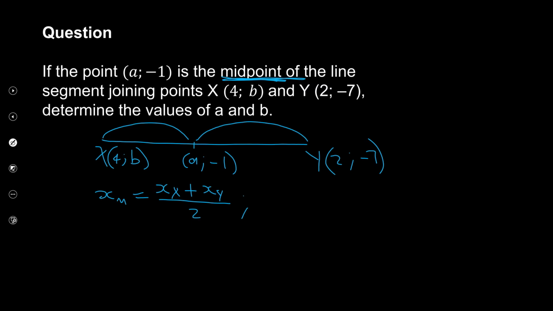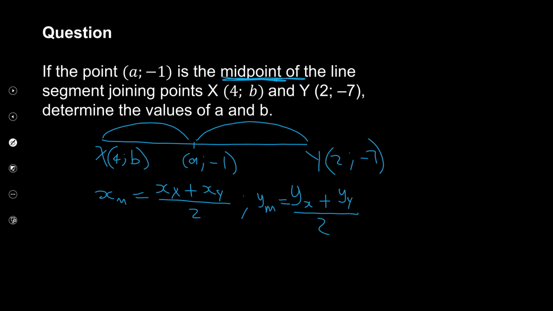And this also tells us that the y at m will be equal to the y at X plus the y at Y divided by 2. I just want to change that Y there so that at least there's a difference between the y of a point and the y of a coordinate.